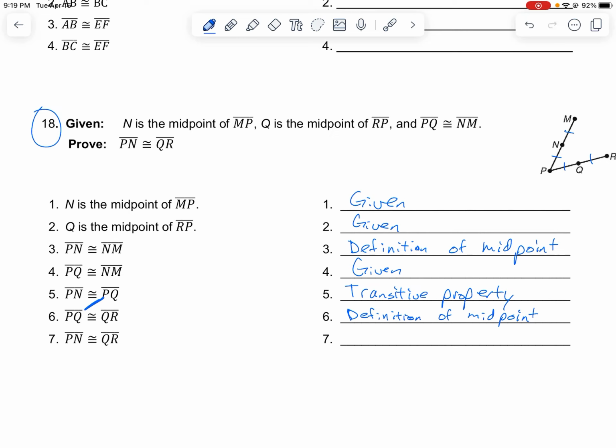PN is congruent to PQ, PQ is congruent to QR, and so PN has to be congruent to QR as well. And that's just another classic example of the transitive property. Yeah, so that's what's going on with this assignment. You're just getting used to writing proofs some more using a few different definition things you haven't used before. So good luck.